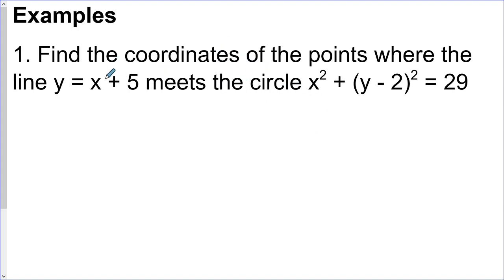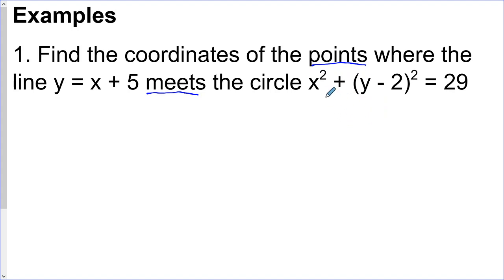So here we've got a straight line that we're being told meets the circle at points, so we may be looking for more than one. We want to find the coordinates of those points. So basically that's a simultaneous equation. When are these two things occurring simultaneously? So we solve them as a pair of simultaneous equations.